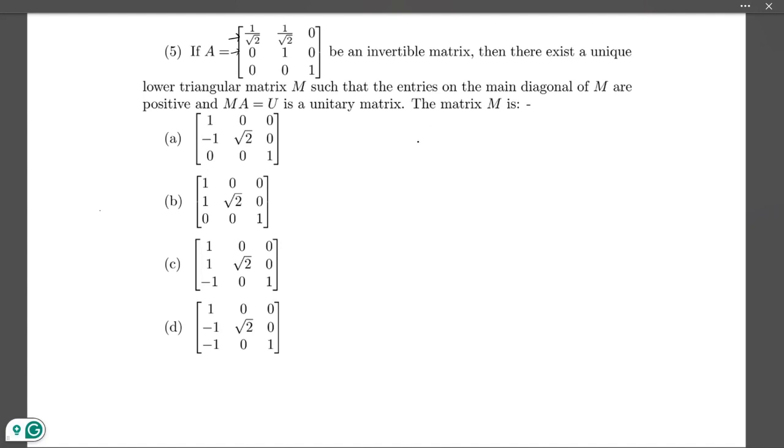Let's see what M is here. So let's follow our orthogonalization process. Take a basis, which is beta 1 equal to (1/root 2, 1/root 2, 0), beta 2 equal to (0, 1, 0).